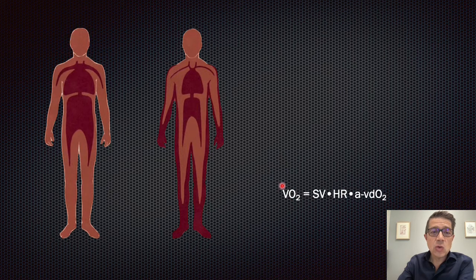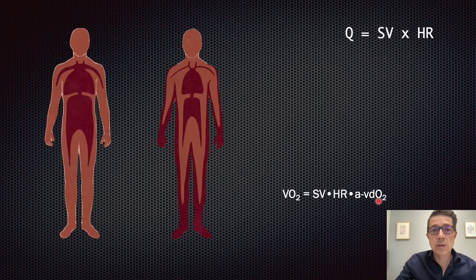So VO2, which is the amount of oxygen that we use, is the product of cardiac output times the arteriovenous oxygen difference, or AVO2 difference, and cardiac output is stroke volume times heart rate. All that gives us an idea of how much blood is circulated and how much oxygen is extracted from the tissues during circulation.